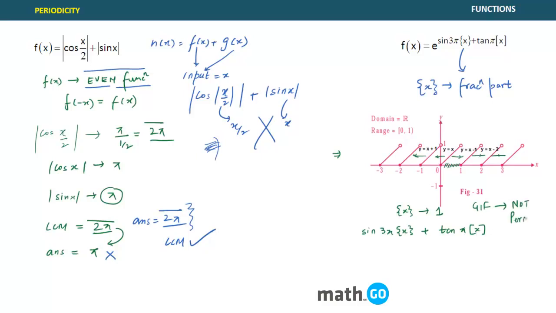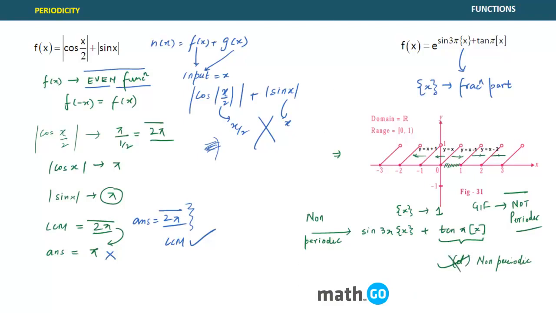If there is a non-periodic component, this should become non-periodic, because the added component is non-periodic. You will find a D option for this question that says non-periodic, and very quickly people will mark this, but this is not the answer.